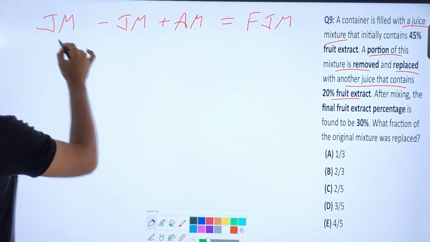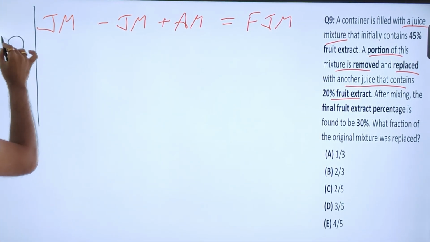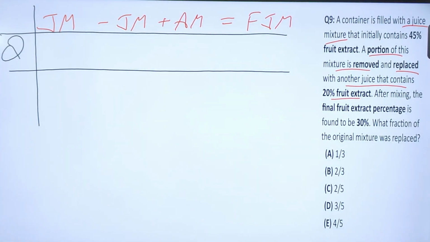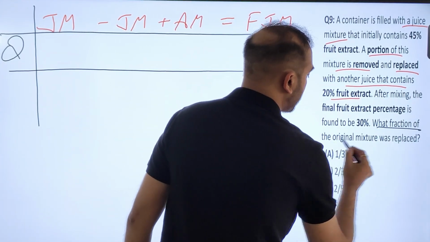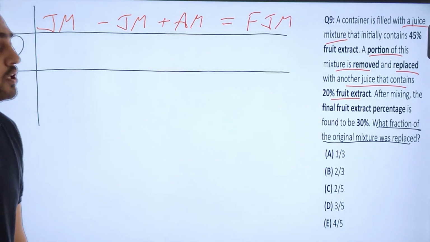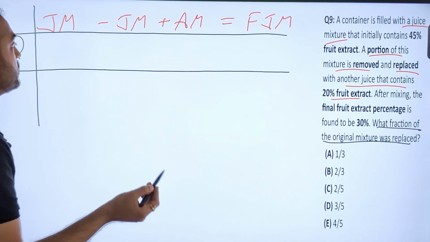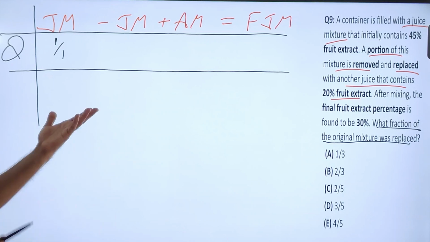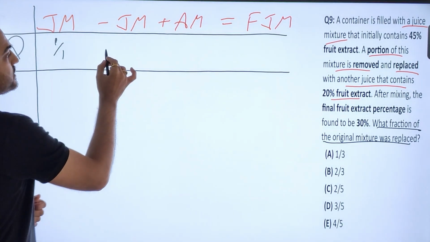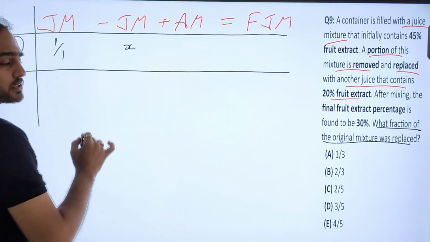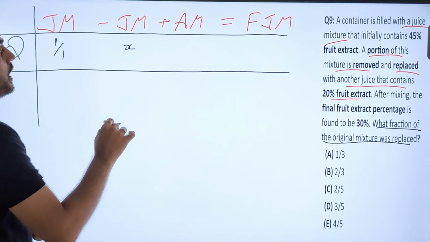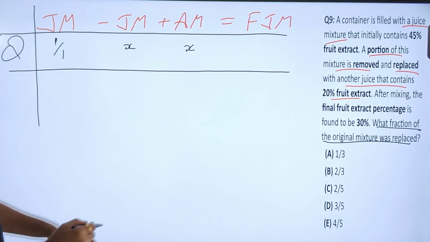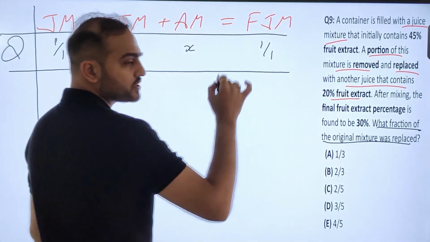Now that this is done, step 2, let's focus on the quantity. If you read here, they're asking what fraction of the original mixture was replaced. Let me say that initially the total mixture was 1 complete fraction. From this I have removed some x fraction and replaced it with the same quantity, x fraction, so I end up with the whole fraction again.